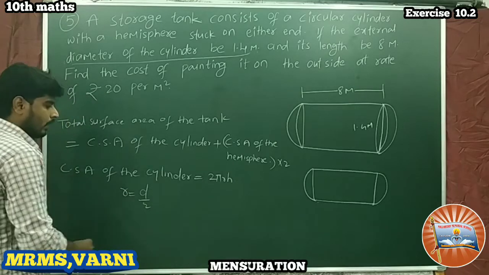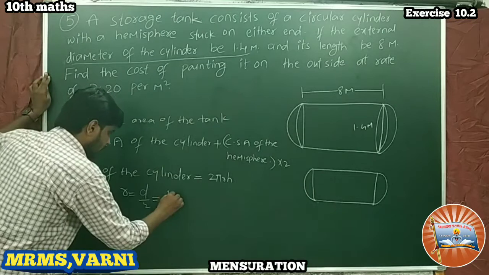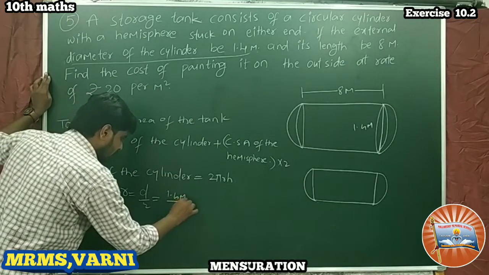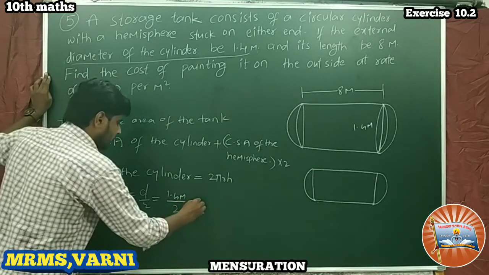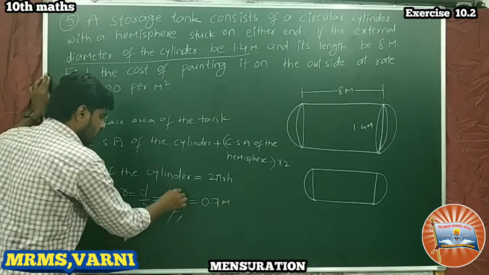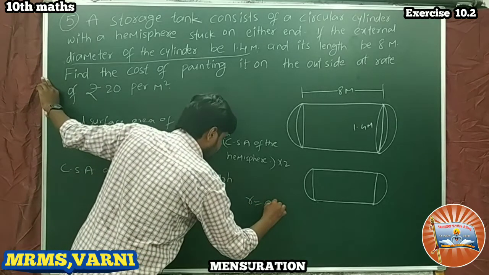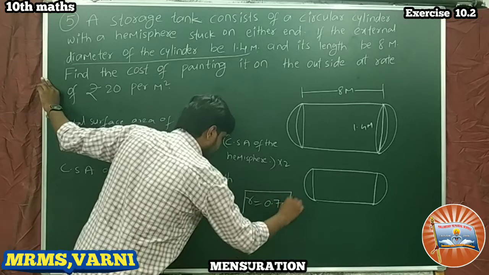What is the diameter here? 1.4 meters. So D by 2 is 1.4 meters by 2, which becomes 0.7 meter. 2 ones are 2, 0.7s. So the R value we got is 0.7 meters.